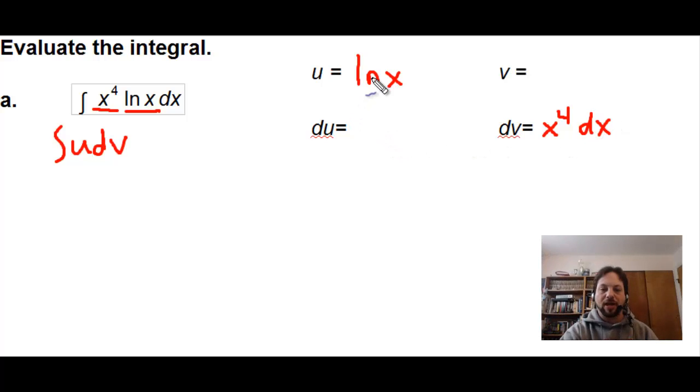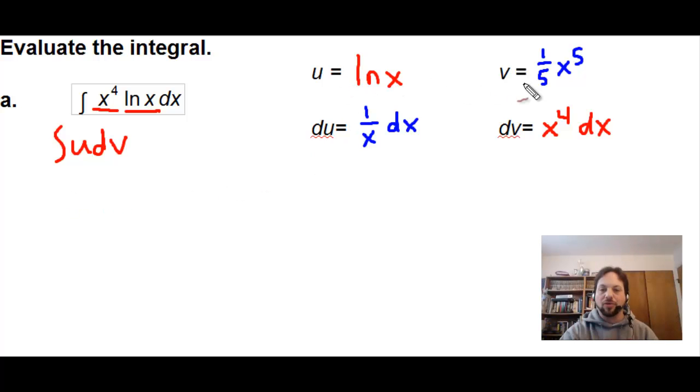From there, I'll go ahead and differentiate natural log of x. That will give me 1 over x dx. And if I integrate x to the fourth dx, of course, that would give me 1/5 x to the fifth. Now, using this information, I can go ahead and rewrite this as uv minus the integral of v du.